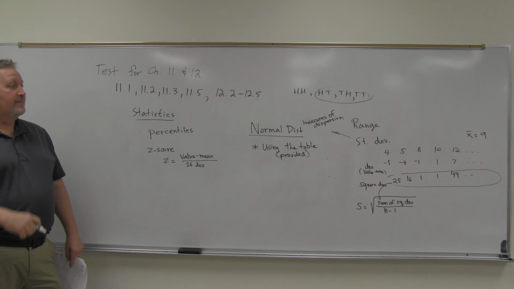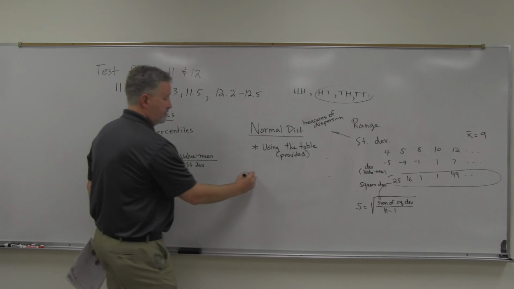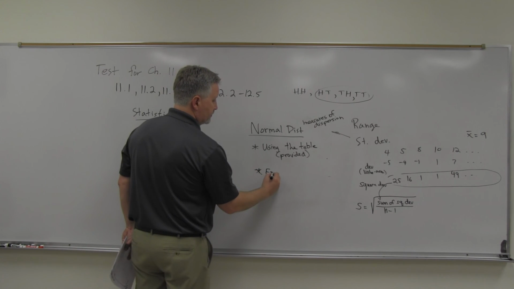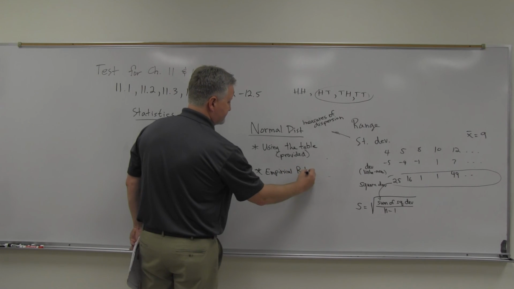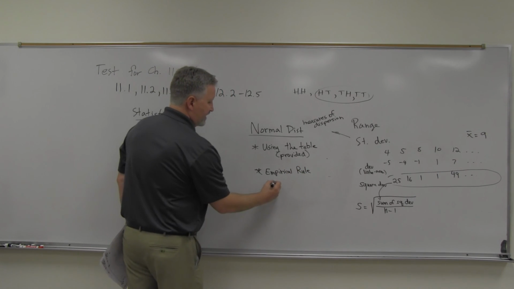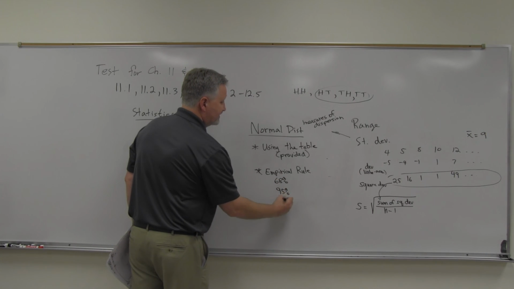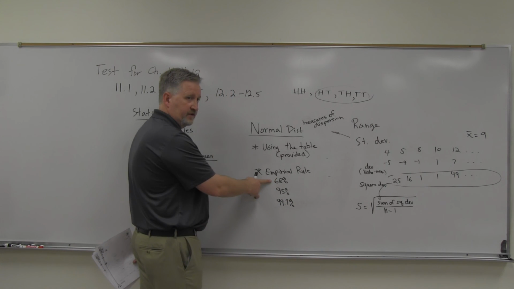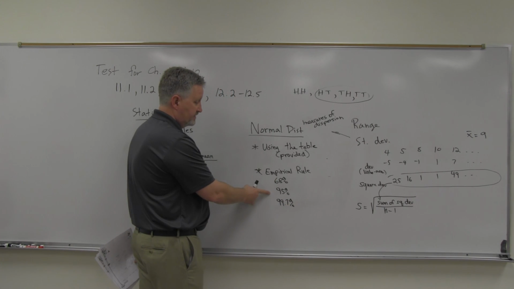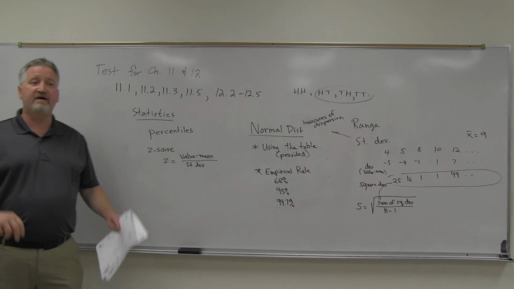The other, though, is we'll have a couple of questions using the empirical rule, which requires you to remember a couple of percentages: 68%, 95%, and 99.7%. Within one standard deviation is 68%, within 2 standard deviations is 95%, and within 3 is 99.7%.